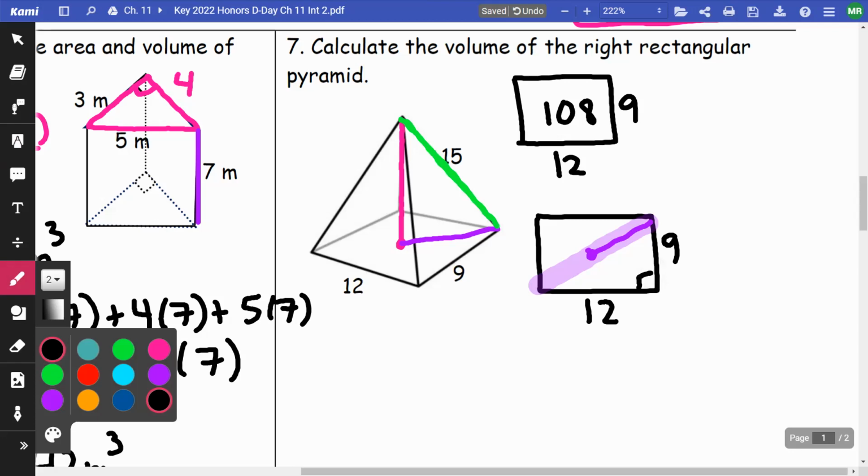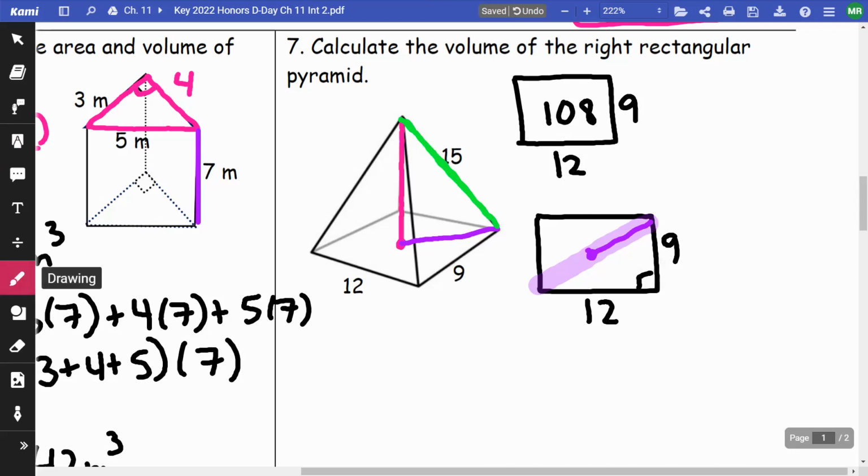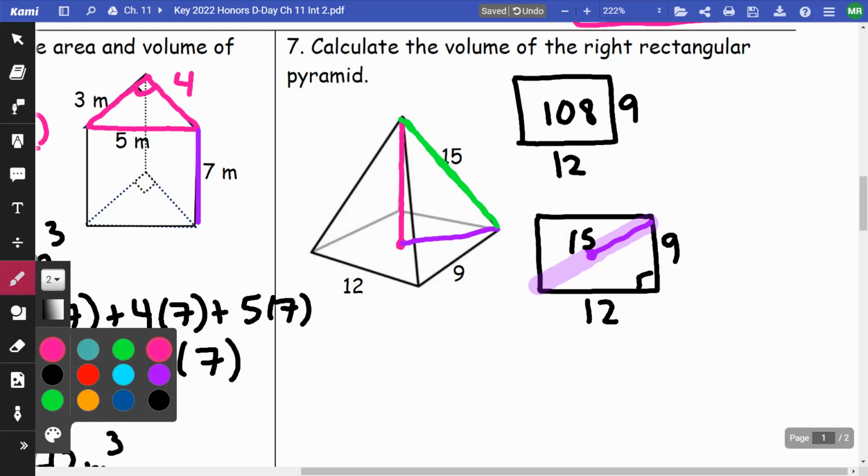So I have a right triangle, I have a 9, I have a 12, and I need to find that other side. Now, this is going to be a 9, 12, 15 going all the way across, because some of us might recognize this as a 3 times 3, a 4 times 3, and a 5 times 3. So it's really a 3, 4, 5 right triangle with a scale factor of 3. But again, you can do Pythagorean theorem.